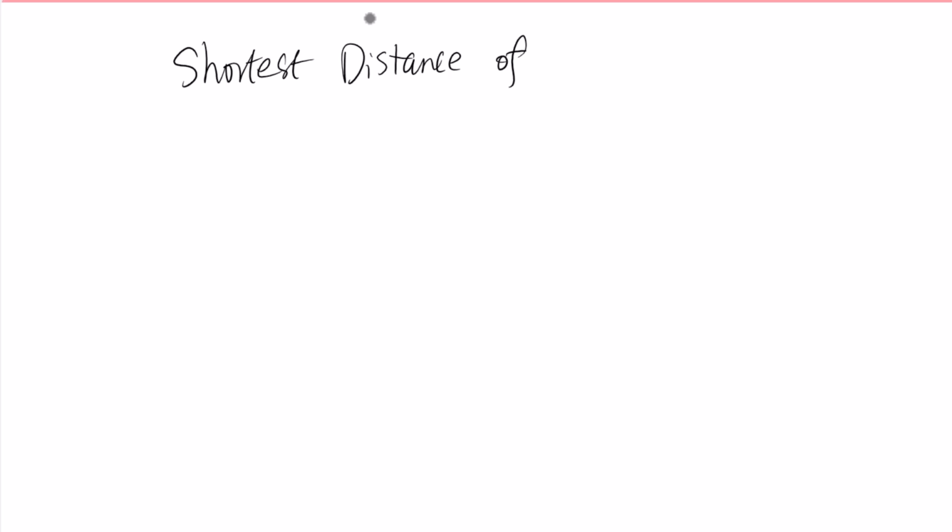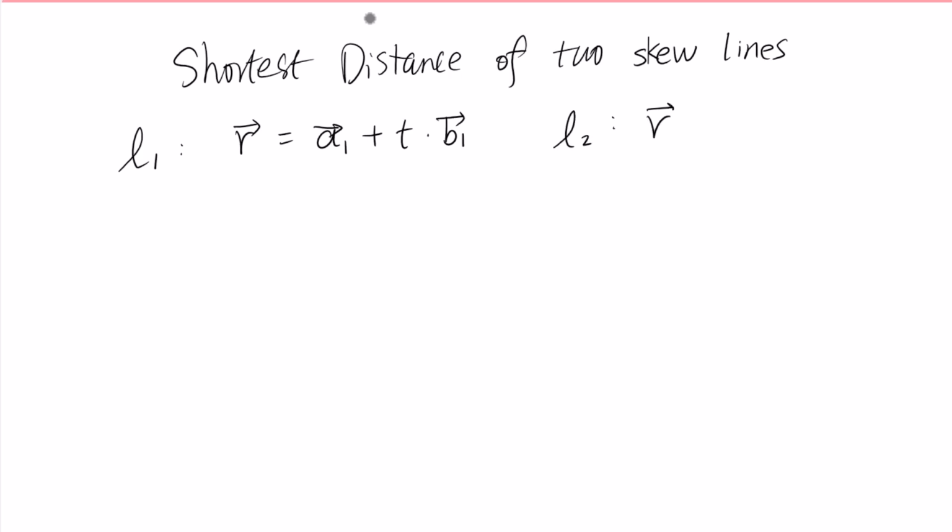Let's draw the conclusion for the shortest distance of two skew lines. L1, the vector equation r equals A1 plus t times vector B1. L2, vector r equals vector A2 plus lambda times vector B2.